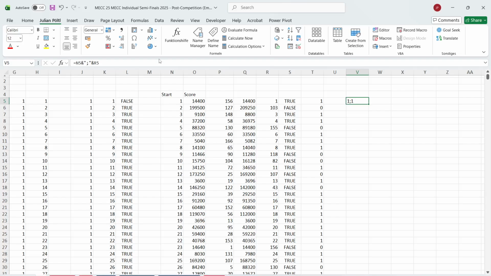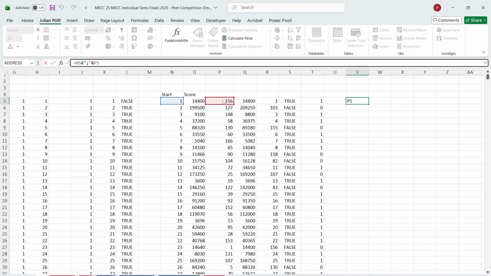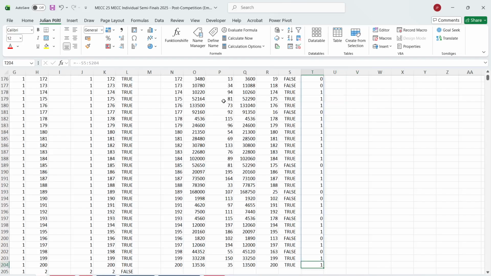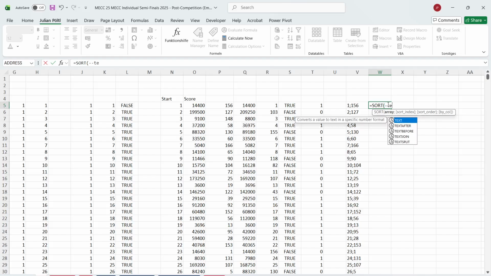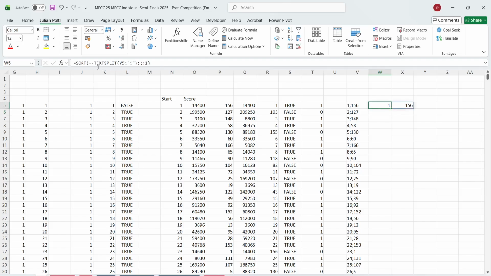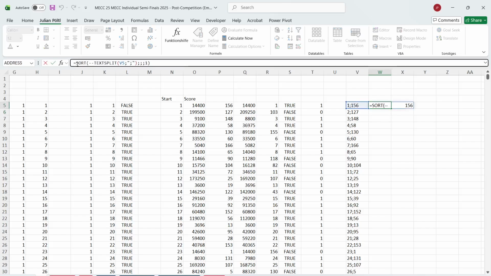I know. Sort, not sum rating. Sort minus text split. This column, and then text join.